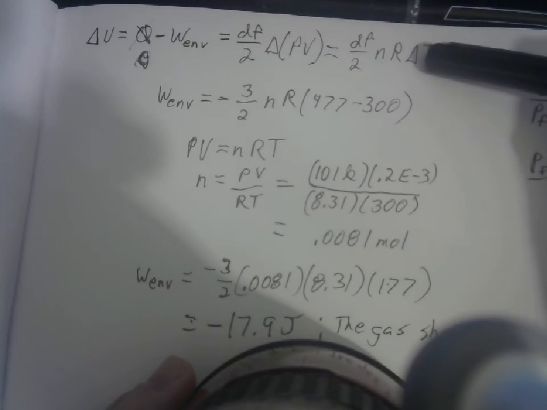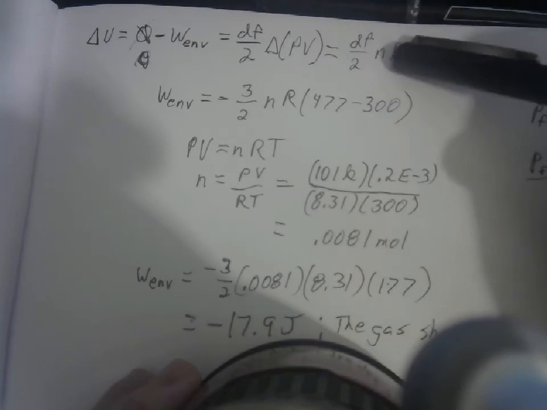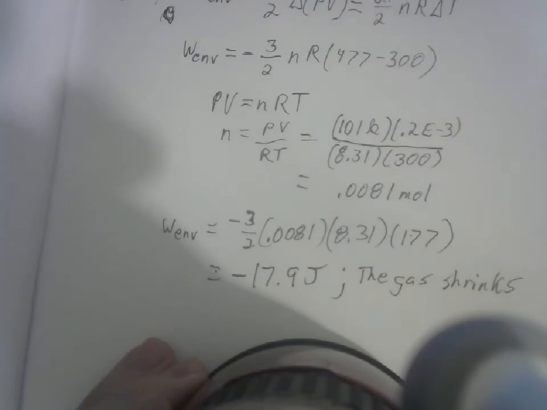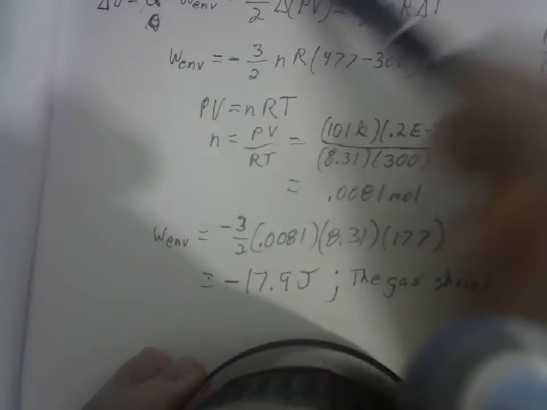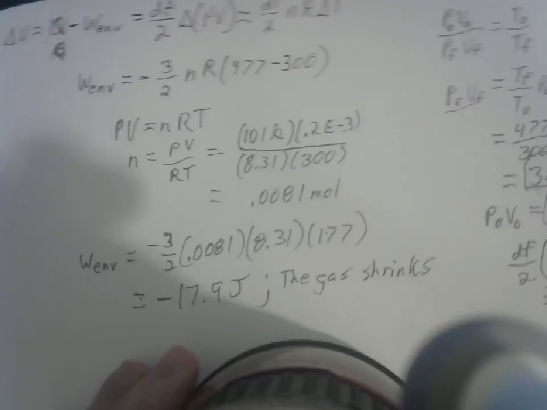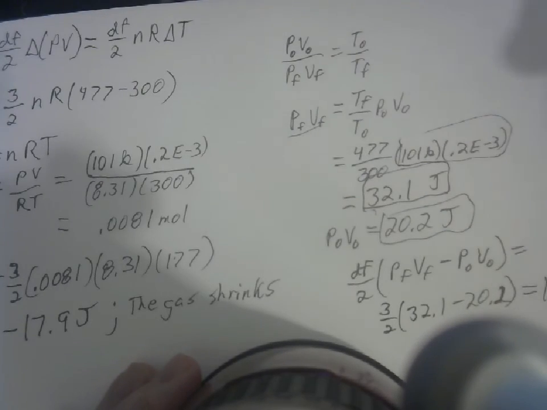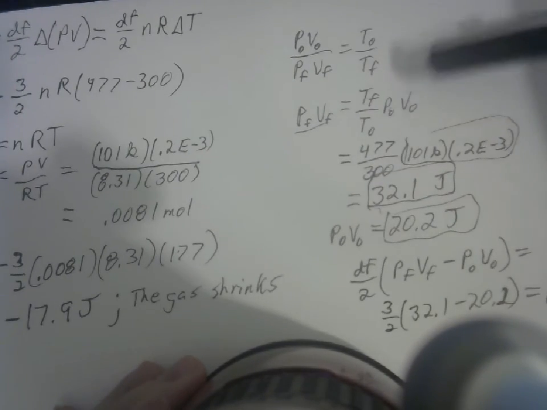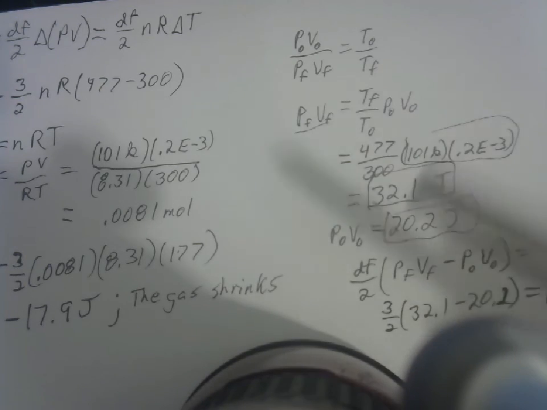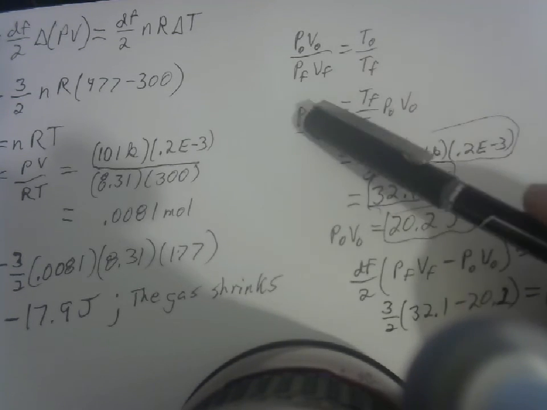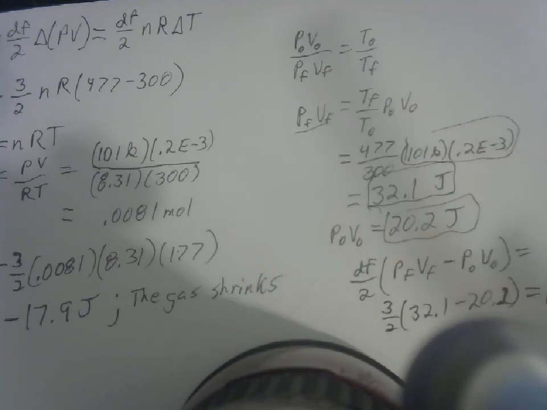To use the nR delta T, I had to first find the number of moles using the ideal gas law. To use the delta PV, I had to find P final V final using the ideal gas law. I did not actually explicitly find either the final pressure or the final volume. I only found their product.